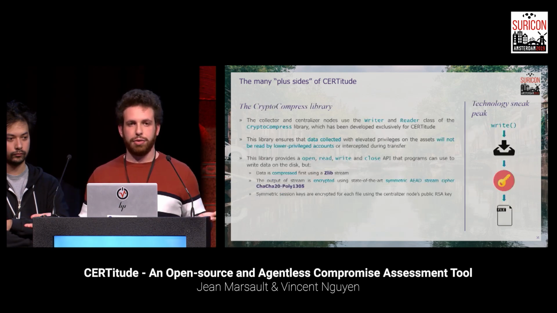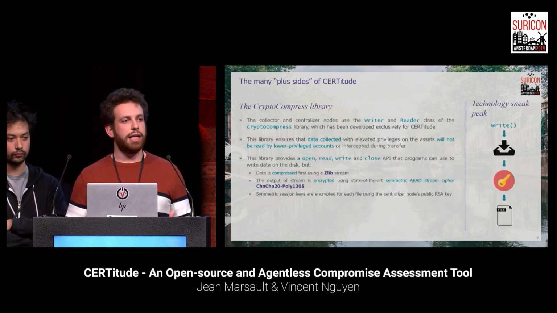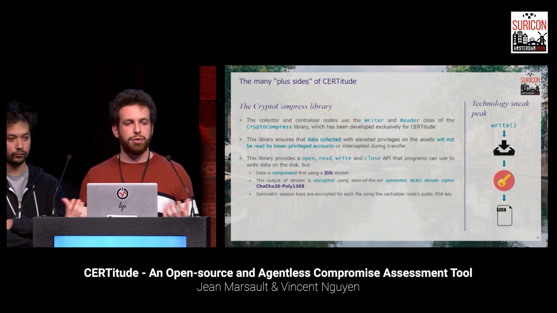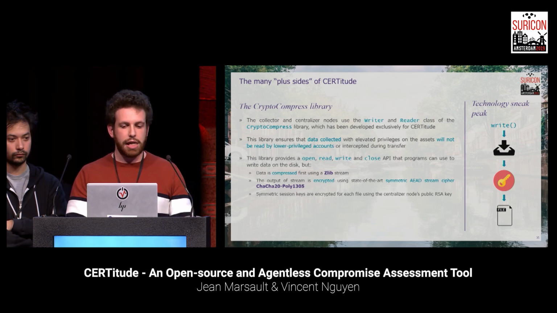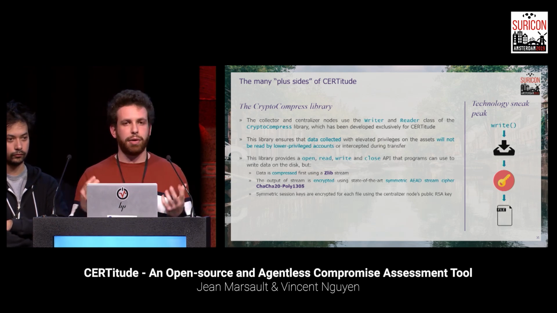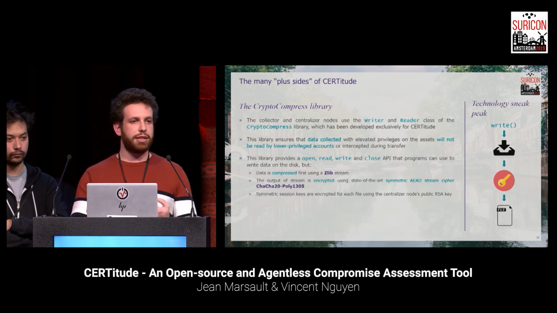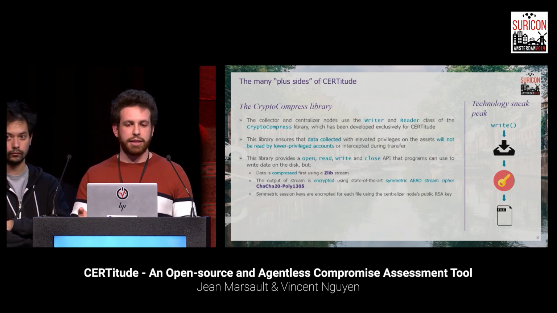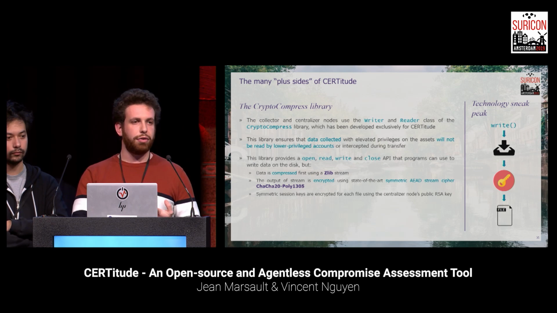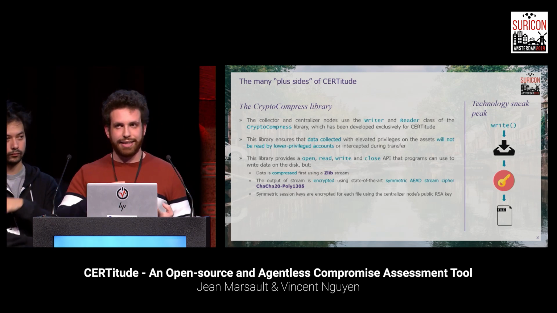And how do we do this? We have designed our own crypto library that relies on standard crypto algorithms and ciphers. Basically, this is a crypto API that our programs can use to read and write a file as if it were in clear text. But in the meanwhile, there is always a compression step of the file so that it takes less space.